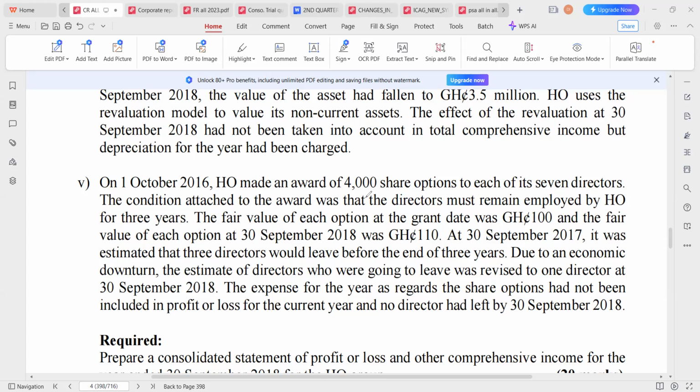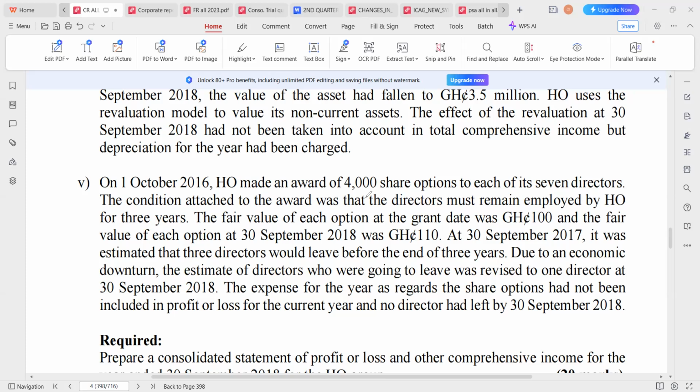The fair value of each of the options at the grant date was 100 Ghana cedis, and the fair value of each option at 30th September 2018 was 110. This is IFRS 2 share-based payment.